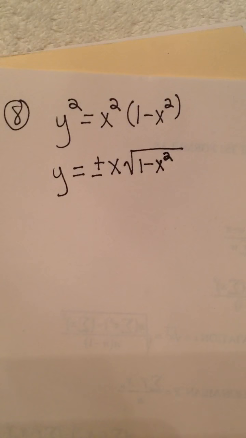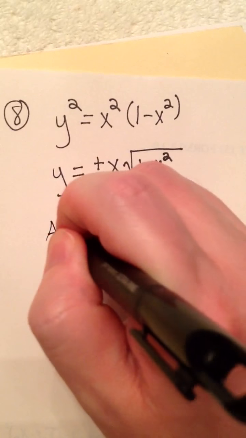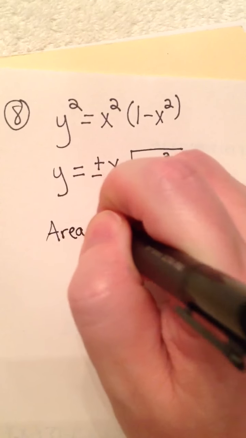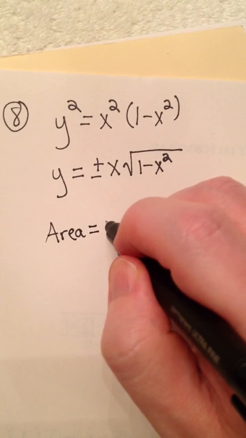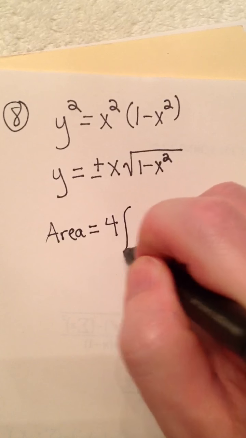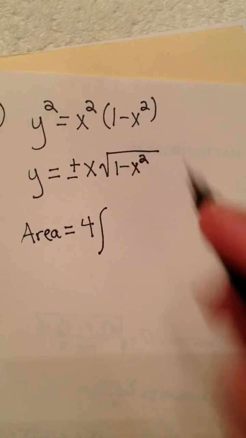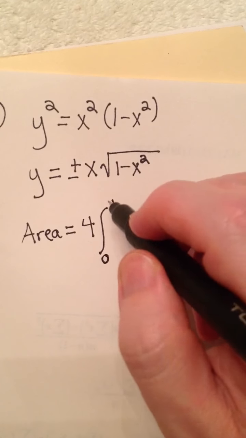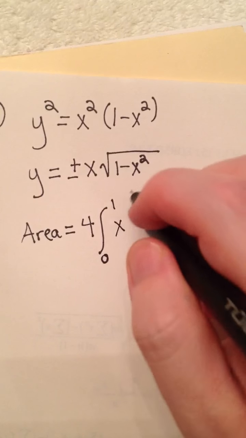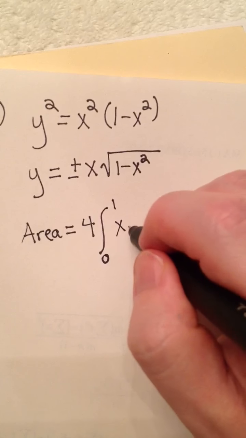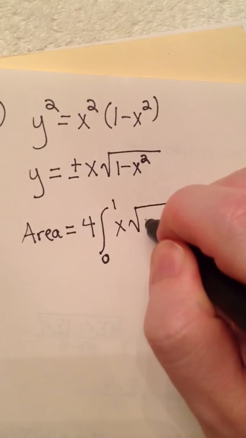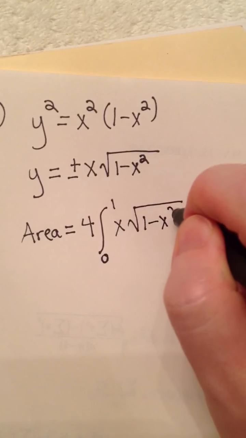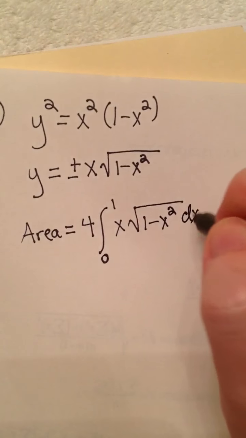So for the area, you have 4 sections equal to, for lack of a better term, a semicircle section or a little bit of an arc, for x times the square root of 1 minus x squared dx.